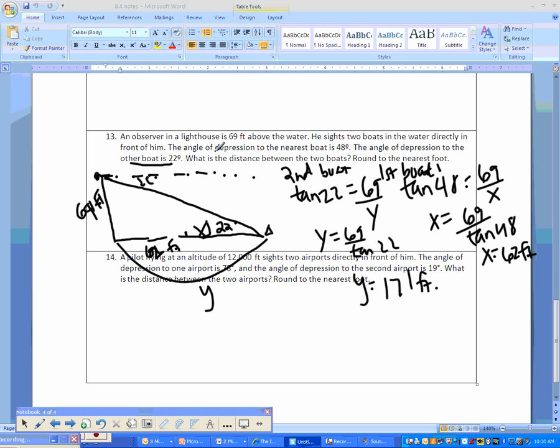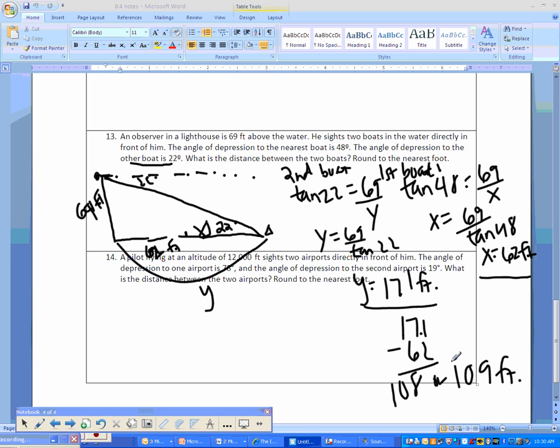The question is asking what's the distance between the two boats. So if one boat is 62 feet away and another boat is 171 feet away, what you have to do is just subtract. And you're going to get that the two boats are about 108 or 109 feet apart.